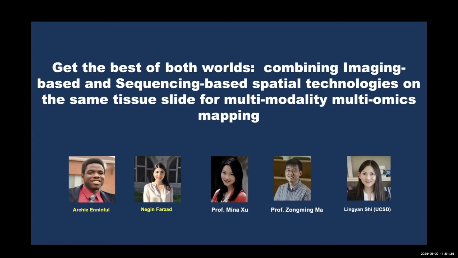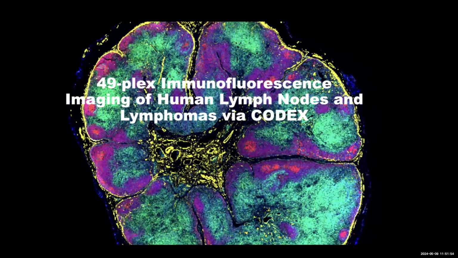sequencing-based spatial omics technologies emerged over the past 10 years, and they have their pros and cons. The sequencing-based approach allows you to do genome-scale, mechanistic discovery. So now the question: can we really combine both to get the best of both worlds?